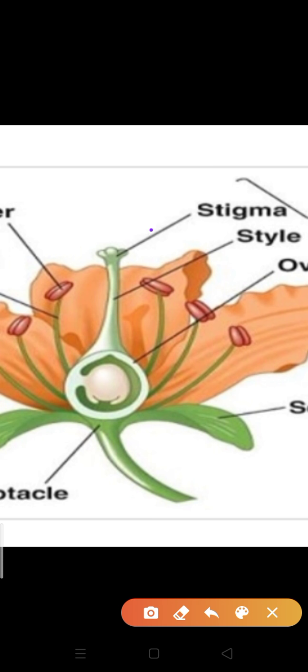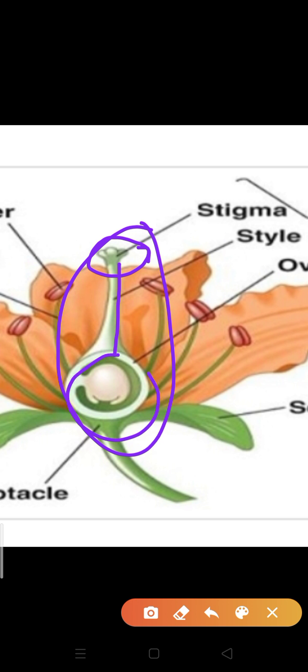Now, the next thing is the female part. The female part is the carpel; if you focus on the middle part, that is the carpel. The female part is the gynoecium, and the male part is known as the androecium. The gynoecium consists of the stigma, style and ovary.